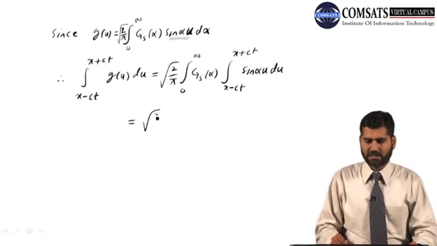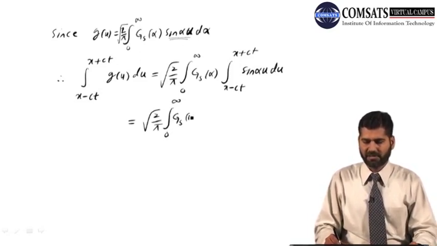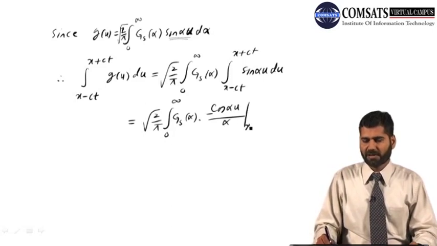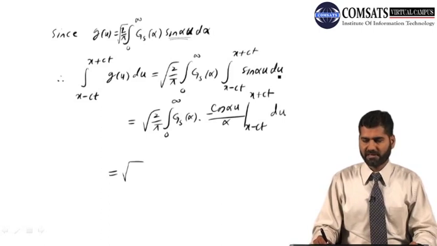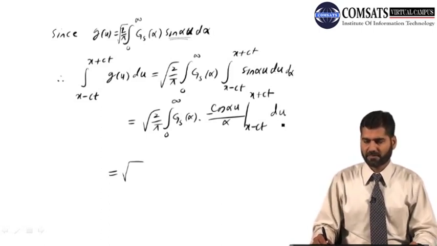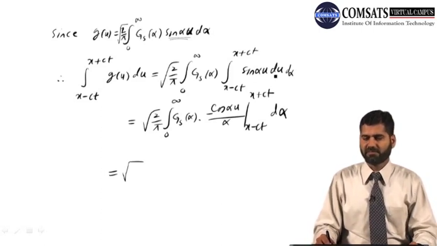Now what you got is 2 by pi, 0 to infinity, gs(alpha). What is the integration of sine? It is negative cosine(alpha u) divided by alpha, from x minus ct to x plus ct. d alpha is already there, because I'm done with this integration, so d alpha is left.